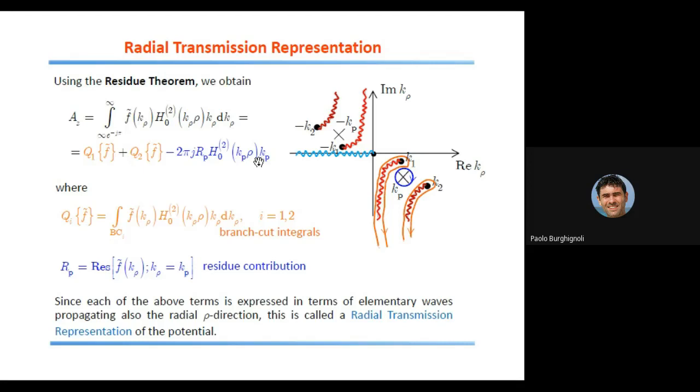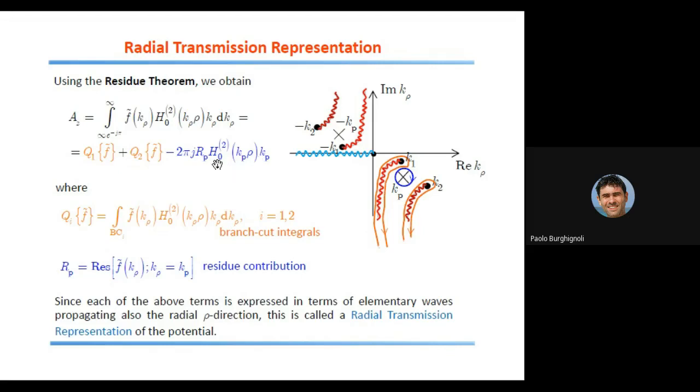Since each of those terms, the orange ones that come from the branch cuts and the blue one that comes from the pole, is expressed in terms of elementary waves that are propagating also in the radial direction, because now you have the Hankel function instead of the Bessel function.